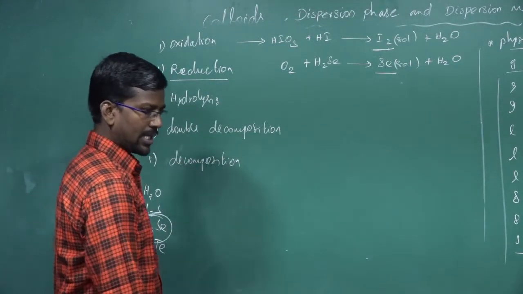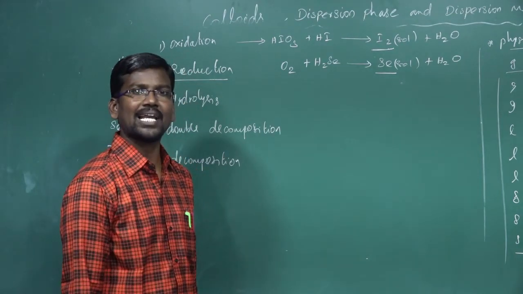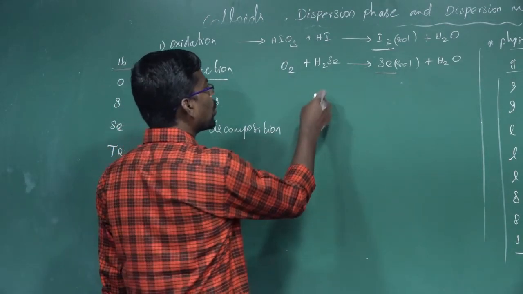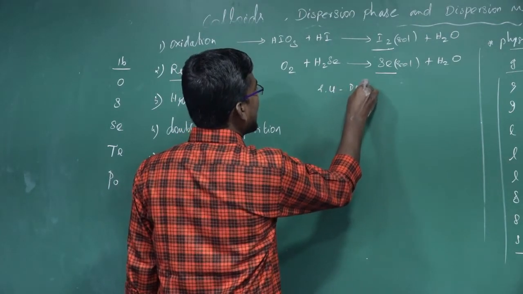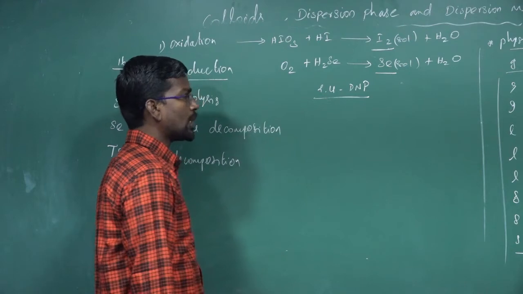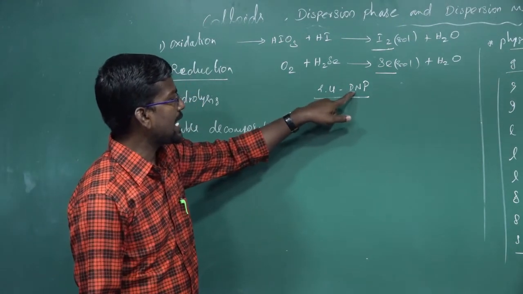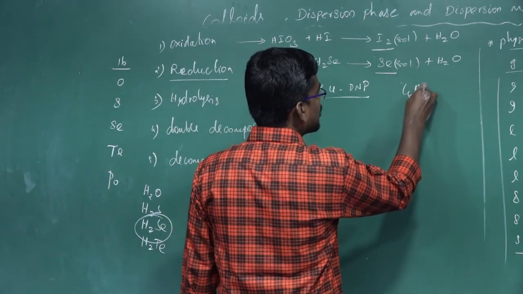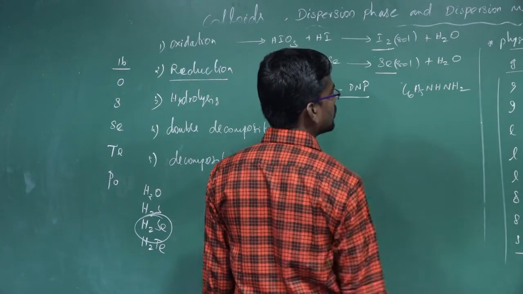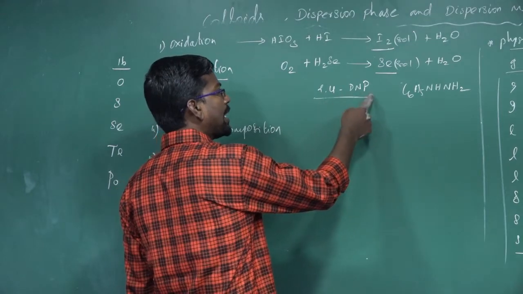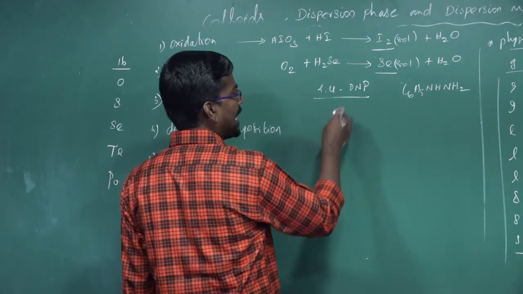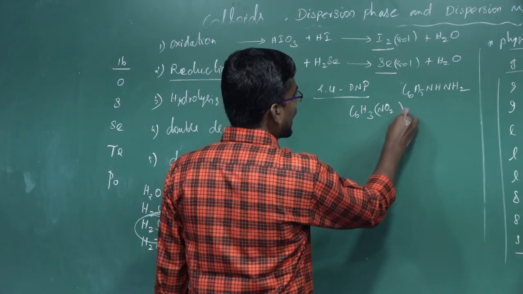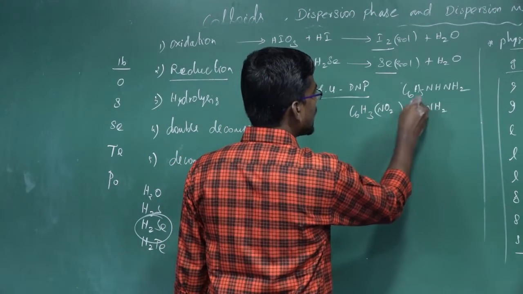Another one, reduction. Some chemical compounds are important reducing agents. Phenylhydrazine, formula C6H5NHNH2. And 2,4-DNP, 2,4-dinitrophenylhydrazine, formula C6H3(NO2)2NHNH2.